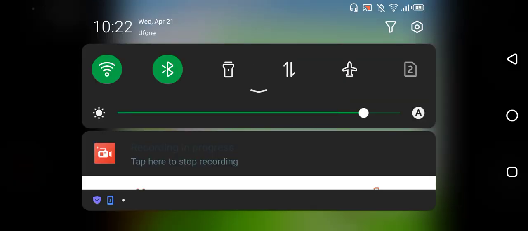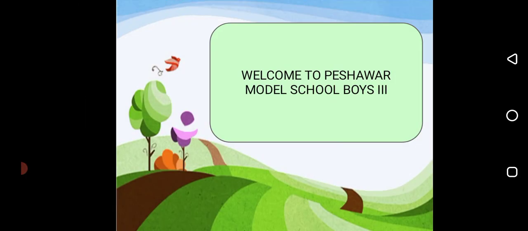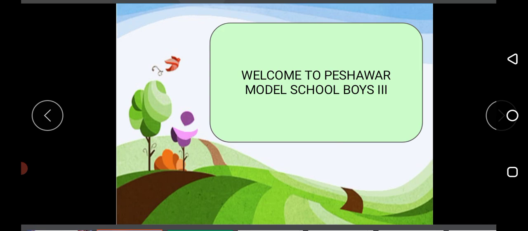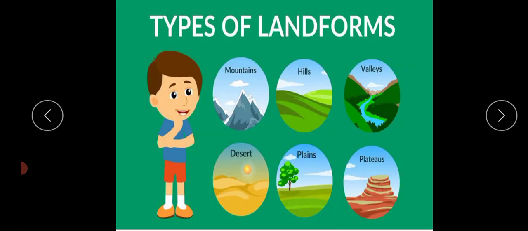Now in today's lecture we are going to start the very first chapter of our course, that is the physical regions of Pakistan. But before explaining my topic, I would like to explain some of the landforms which are going to be discussed in this chapter as well.